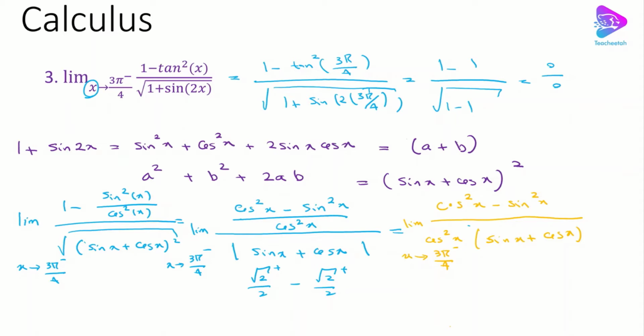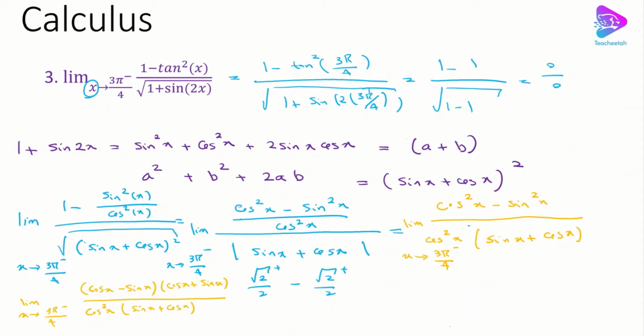Now we can say this is the limit as x approaches 3 pi over 4 from the left side, and we can say it is cos of x minus sine of x times cos of x plus sine of x over cos squared x times sine of x plus cos of x.